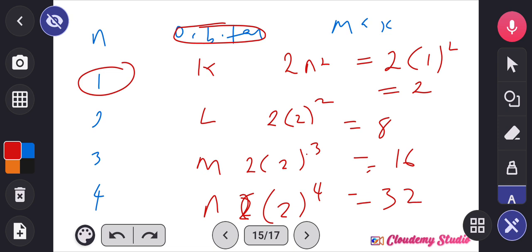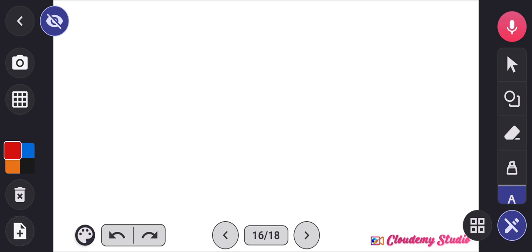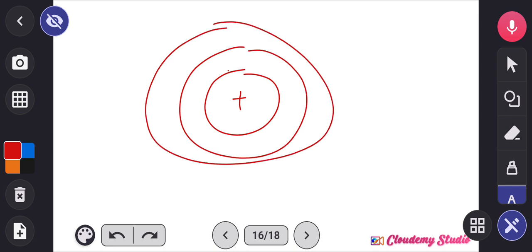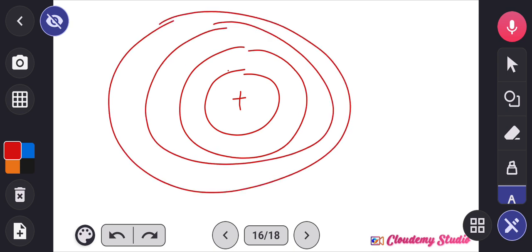So it is just like the one that we have here. We have a nucleus, right? We have a shell, we have a shell, we have a shell, we have a shell. And the one that is inside is known as what? The K shell, right? We have the L shell, we have the M shell, and we have the N shell, right? So for this K shell, the maximum number of electrons that it can occupy is 2.